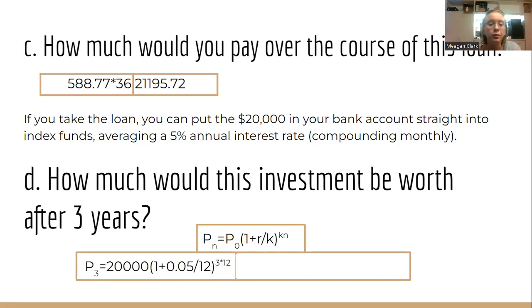And that gets you 20,000 times 1 plus 0.05 over 12 to the 3 times 12 power. And your answer for that is $23,229.44.